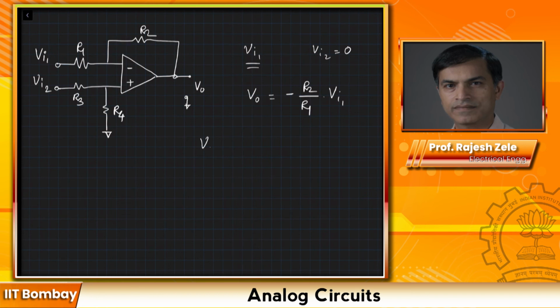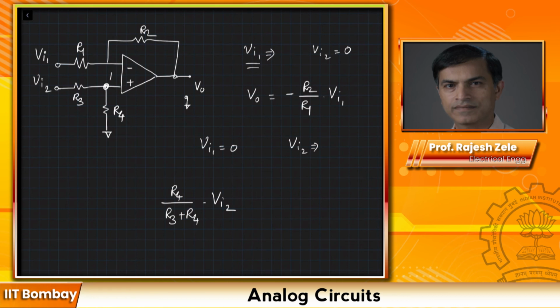Now I'm going to put Vi1 equal to 0 and apply Vi2 over here. Then you would quickly tell that this node looks like a resistive divider. So the Vp node will be equal to R4 divided by R3 plus R4 times Vi2.